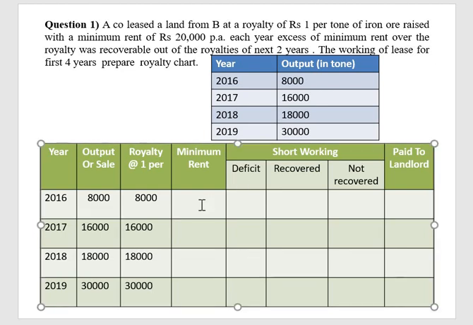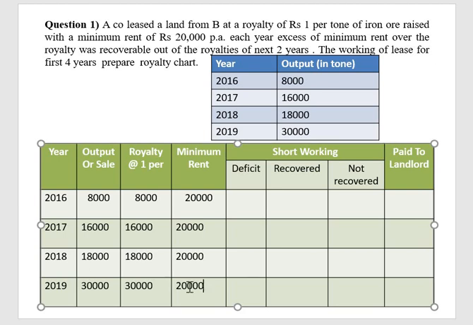Next is minimum rent. Minimum rent will be given in the problem. So how much is the minimum rent? Minimum rent is 20,000. You just have to write it. For all the years, minimum rent will be 20,000. Minimum rent will be fixed. But there is a small change if there is any strike.